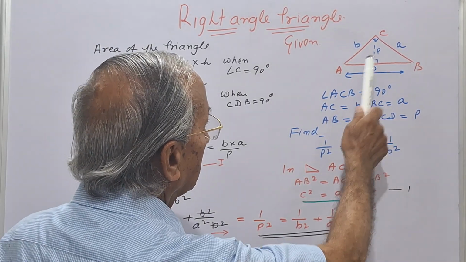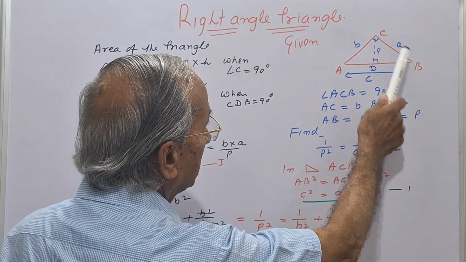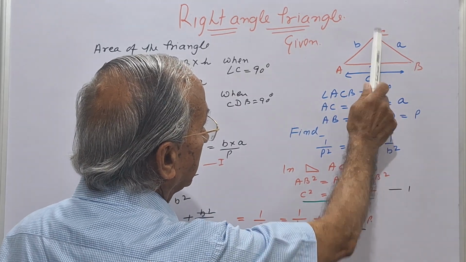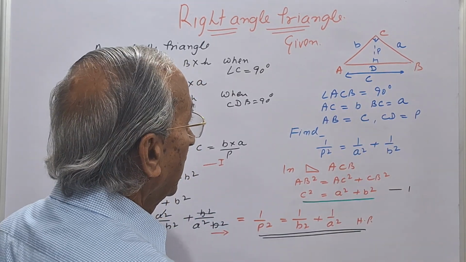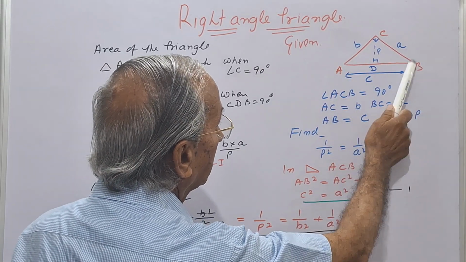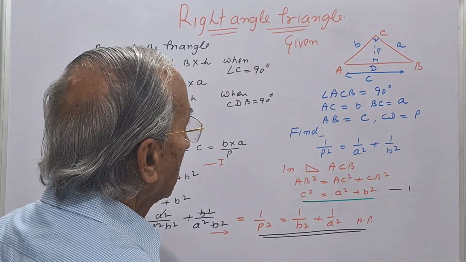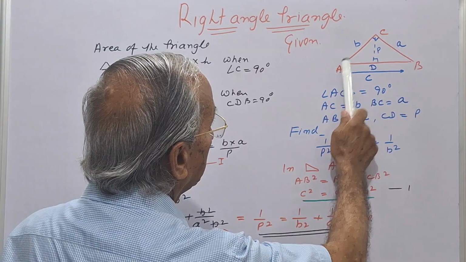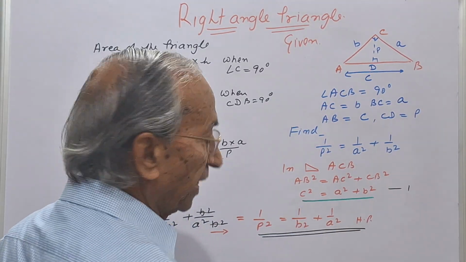Now ACB is a right angle triangle at C, and if we draw a perpendicular from C on the AB, then again ACB is a triangle.